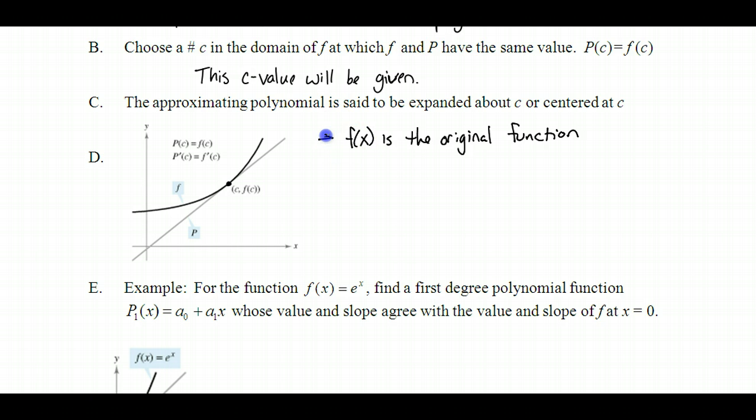Then what we want to do is find a polynomial, and that polynomial we're going to call p of x, to approximate the function.